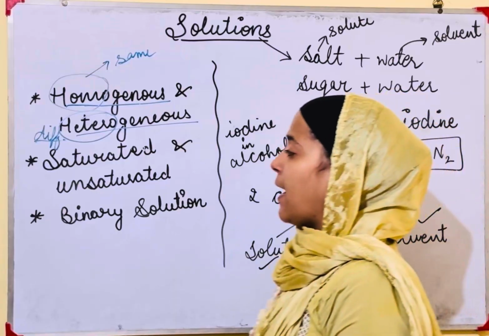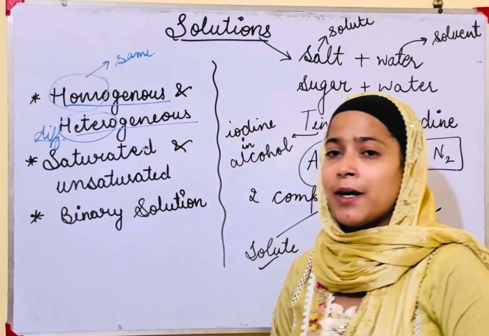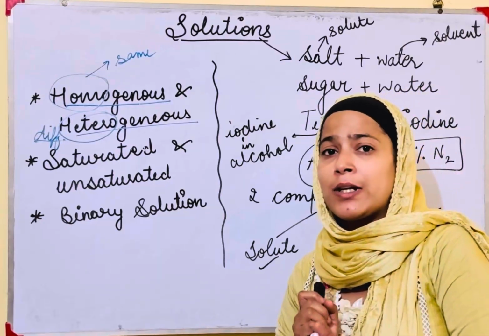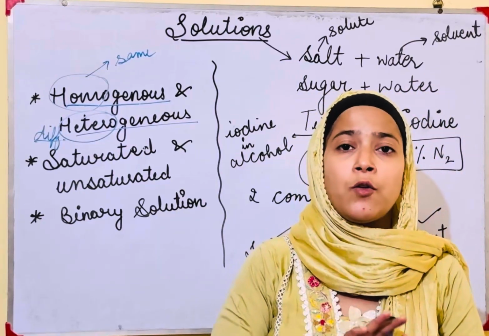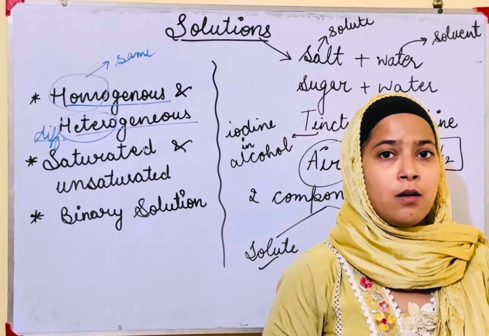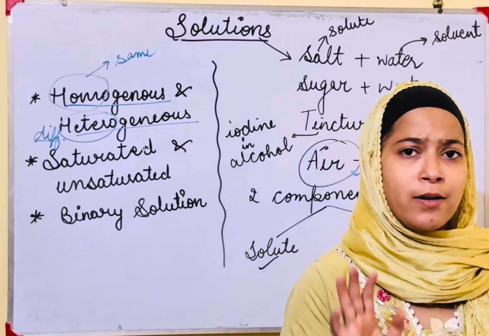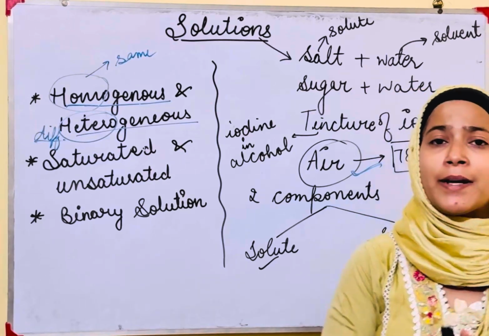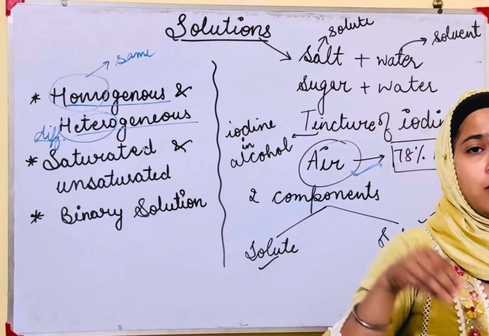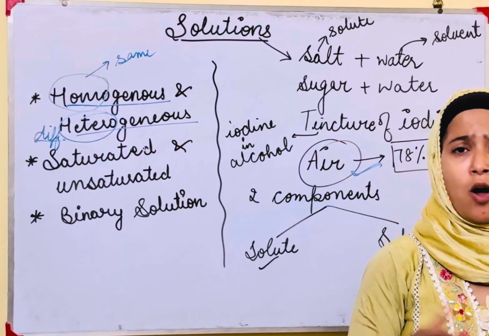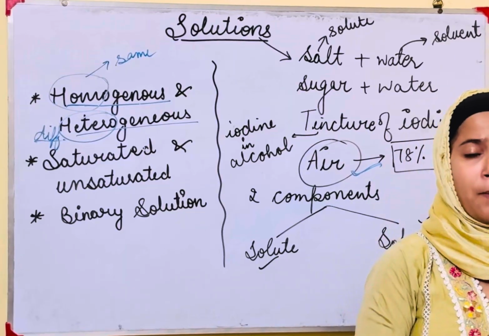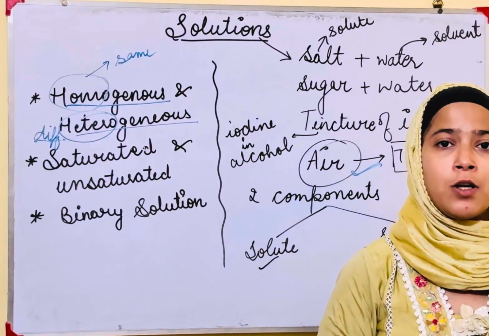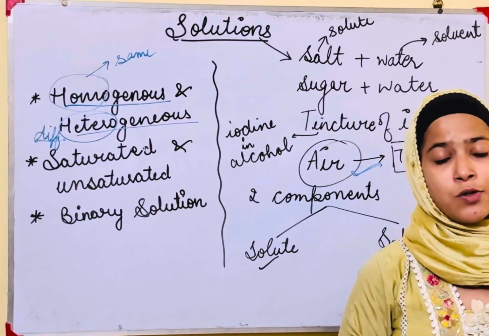Next, saturated and unsaturated. A saturated solution is that solution in which more solute cannot be added, meaning the maximum solute is already added. For example, if we take 1 glass of water and add 1 spoon of salt or sugar in it, it will completely dissolve. After that we put 1 more spoon of salt in it, it will also dissolve.